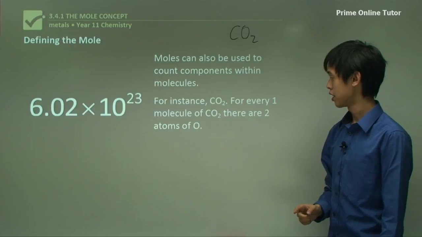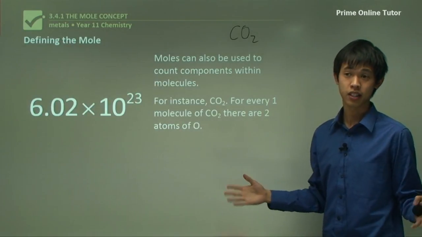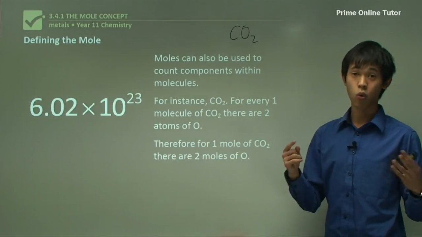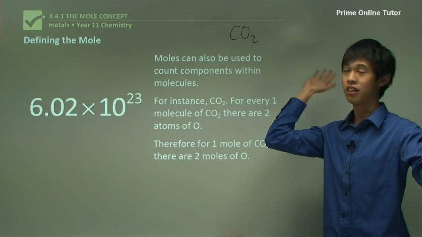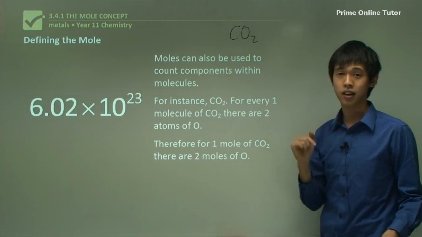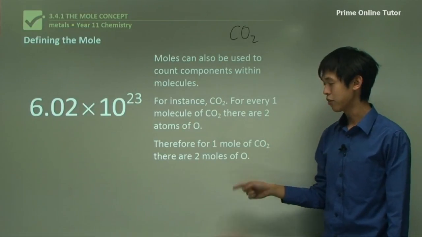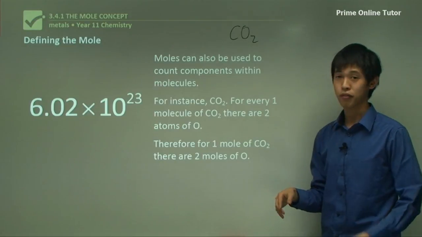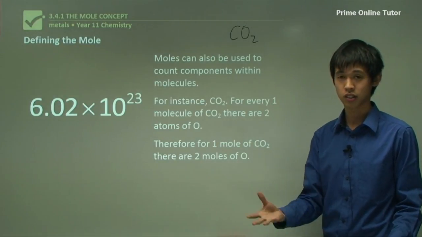Okay? So if we now multiplied that by 6.02 times 10 to the 23, we get 1 mole of this. So we've got 6.02 times 10 to the 23 of these carbon dioxide molecules. We've got 1 mole of them. But that would mean that we have twice as many moles of oxygen, because remember, for every 1 carbon dioxide molecule, there are 2 oxygen atoms.